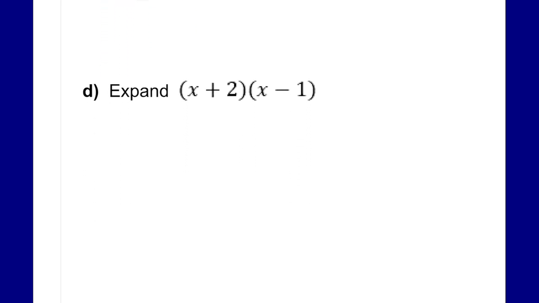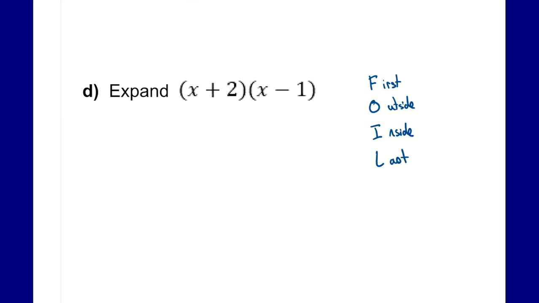In this one, we'll look at the FOIL method, which is very similar. It's the exact same thing, except it's more of an acronym. So the FOIL method, F-O-I-L, stands for first, outside, inside, and last.